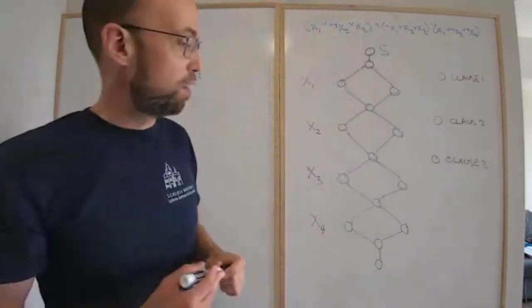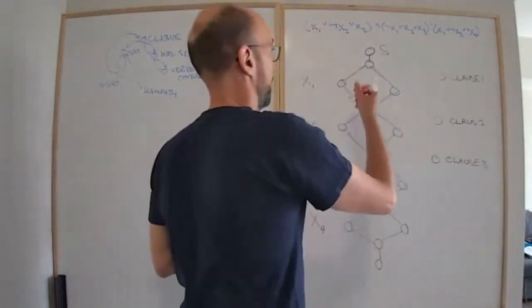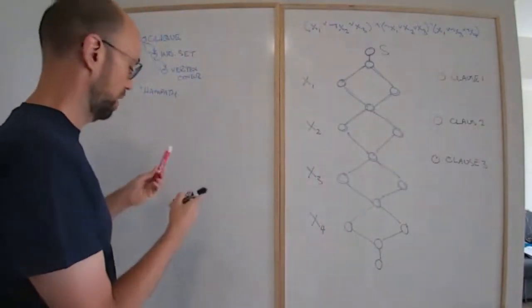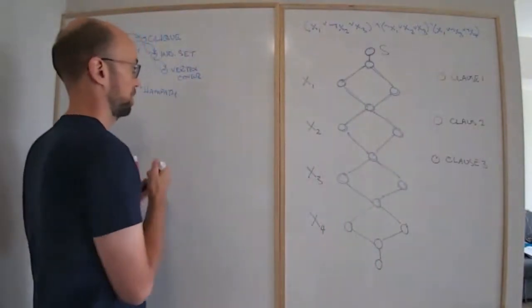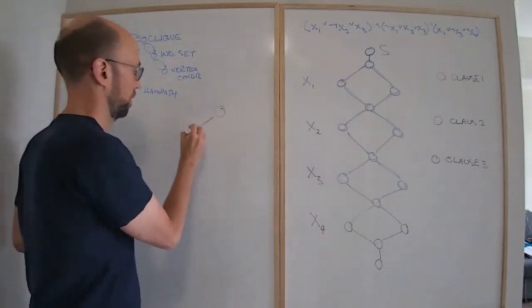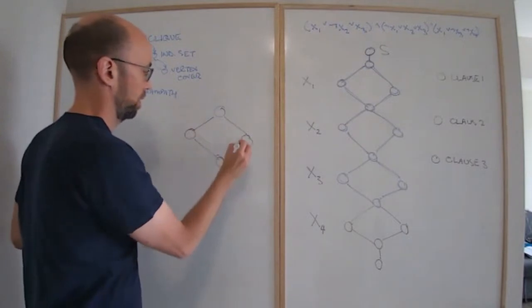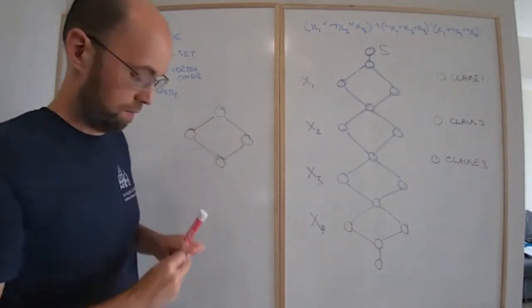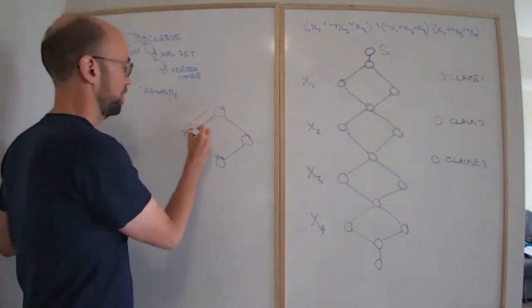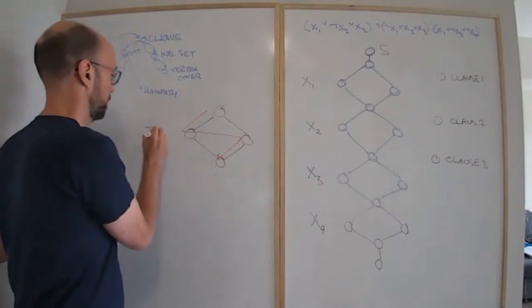So if you make a variable true, you go like this, and then over to here, and then down. So this is true.